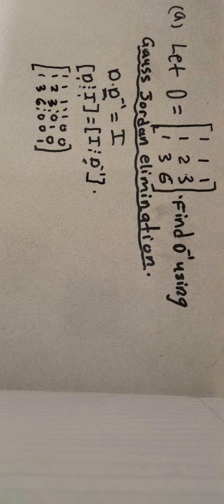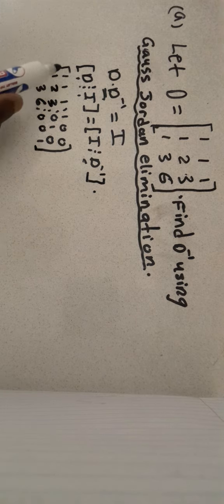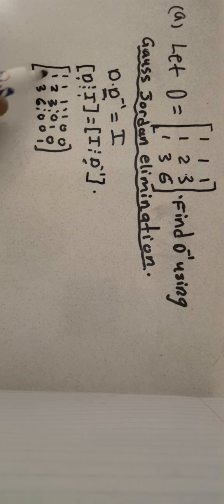Firstly, we're going to use elementary row operations to perform this. You can see that we need ones on the main diagonal here.